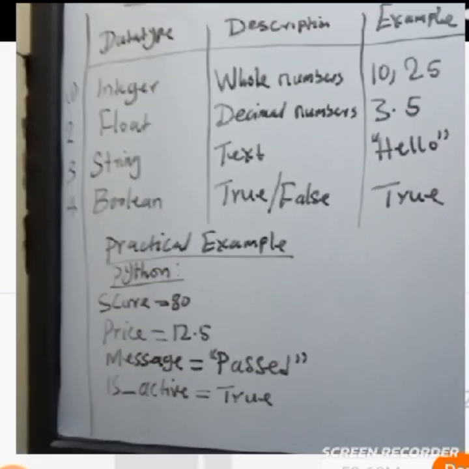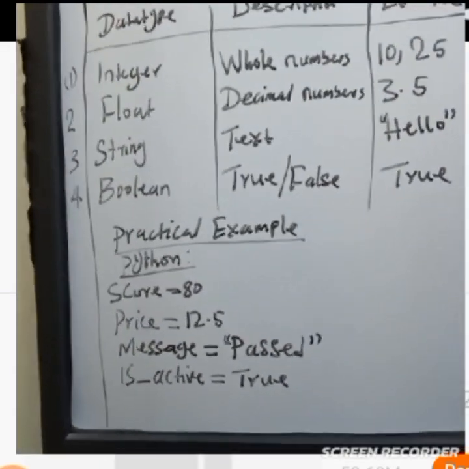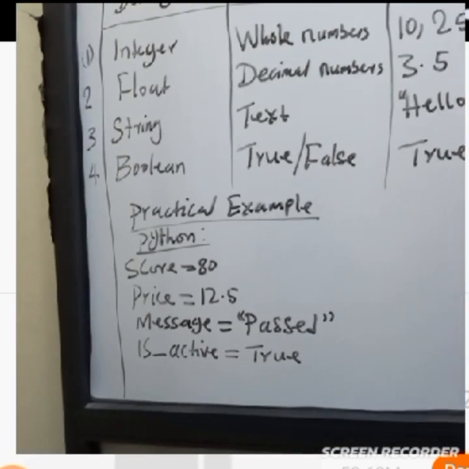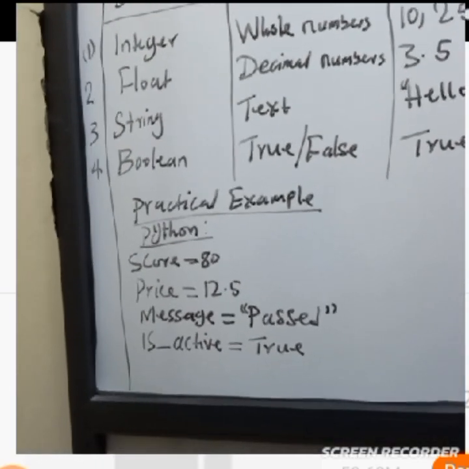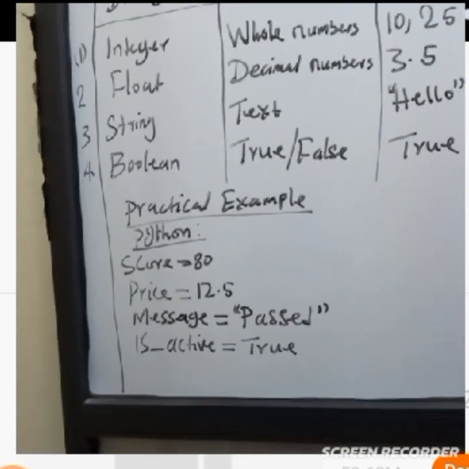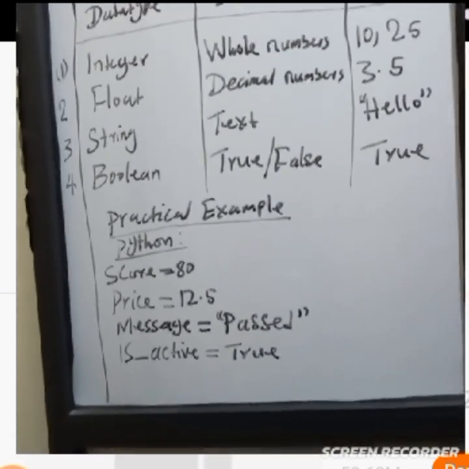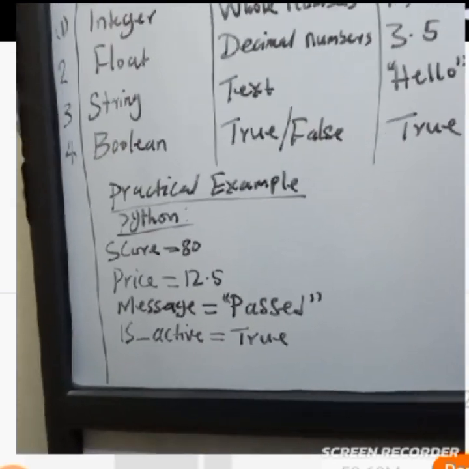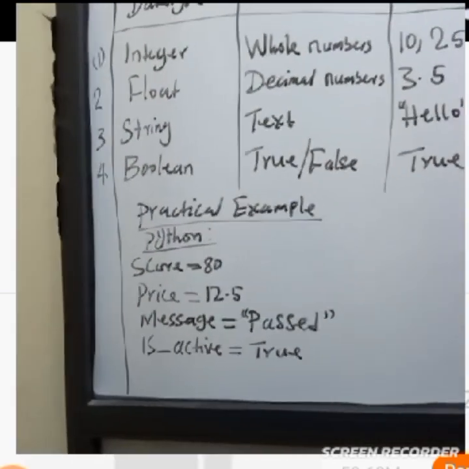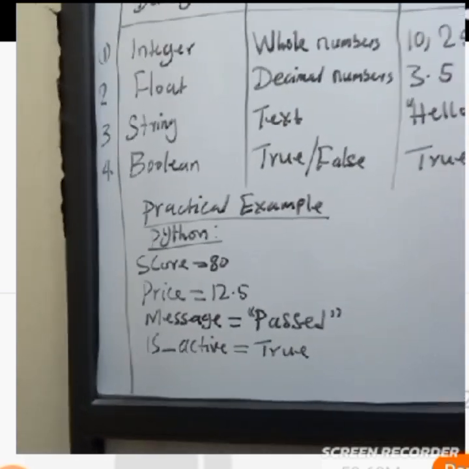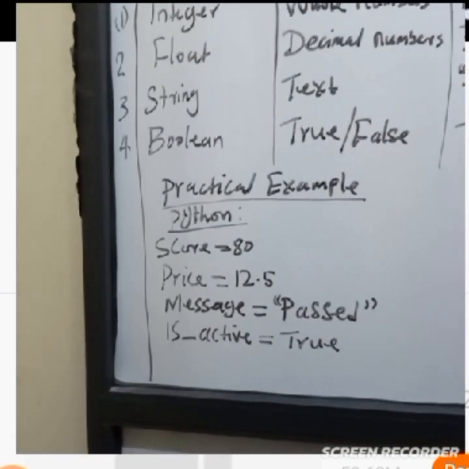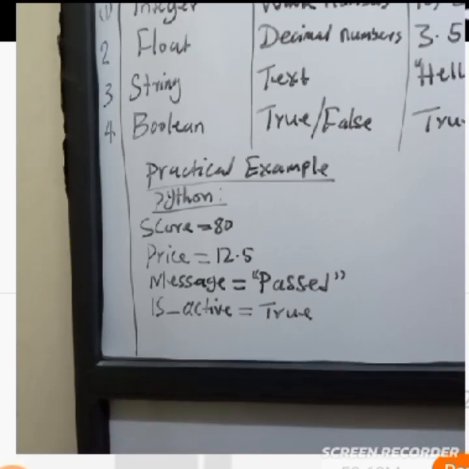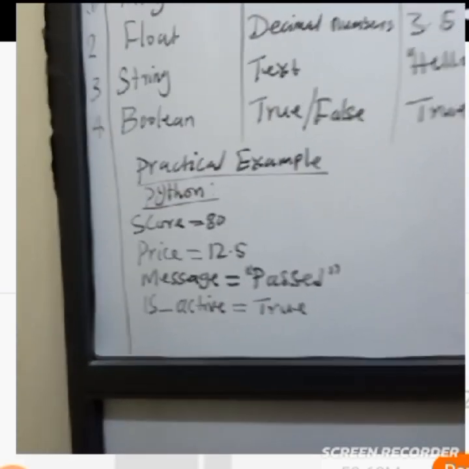So a string must always be written inside quotation marks. Boolean values are mostly used for decision making. As you can see in the practical examples on the board, those are Python examples. Number one, score equals 80.